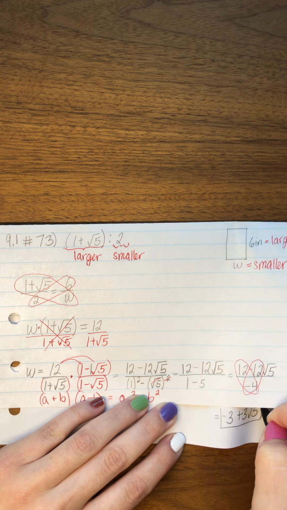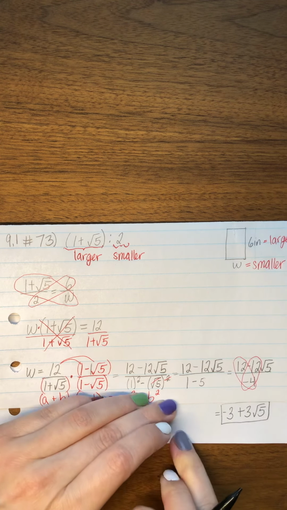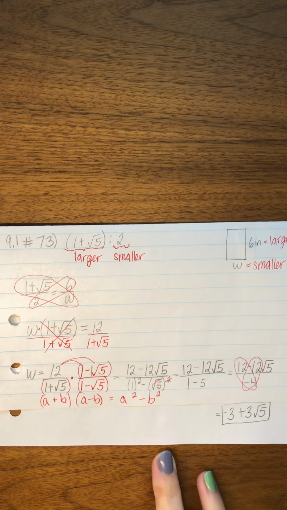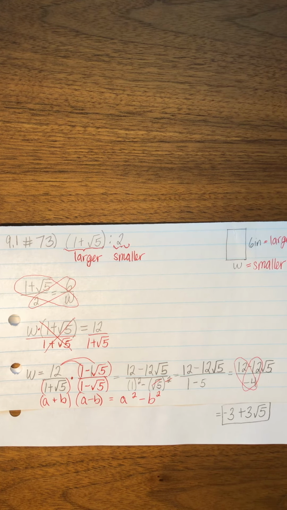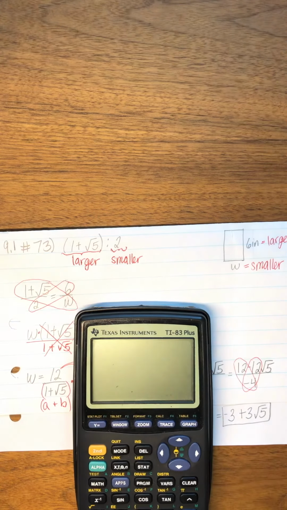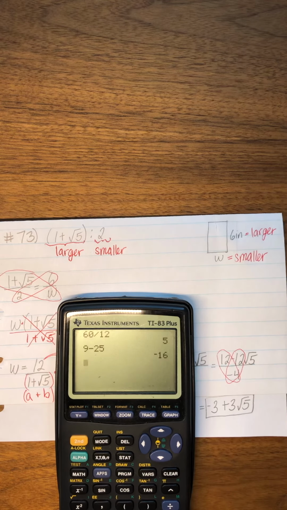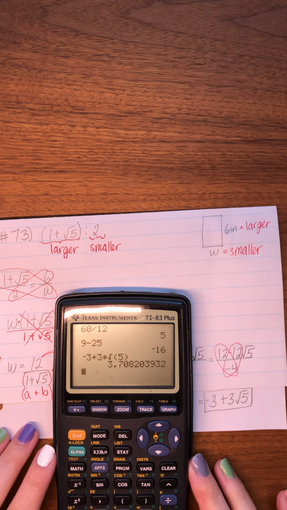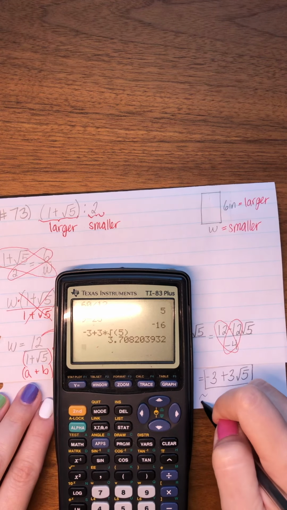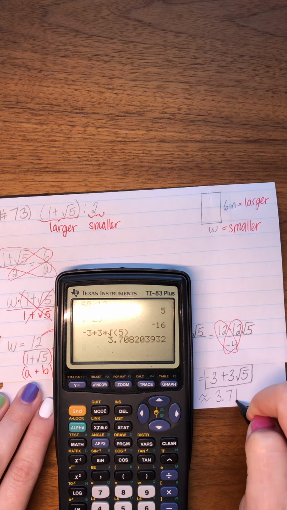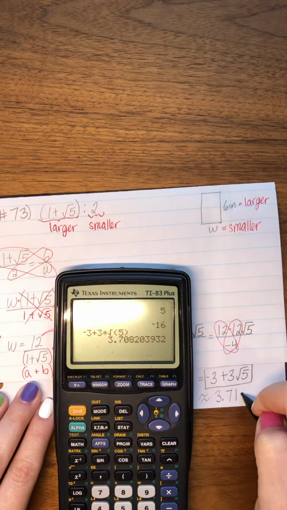And I can leave my answer like this, or I can approximate it. I can round it to the nearest hundredth. So I can put this into my calculator. Let's put in negative 3 plus 3 times the square root of 5. And I get approximately 3.71, and our unit is inches.